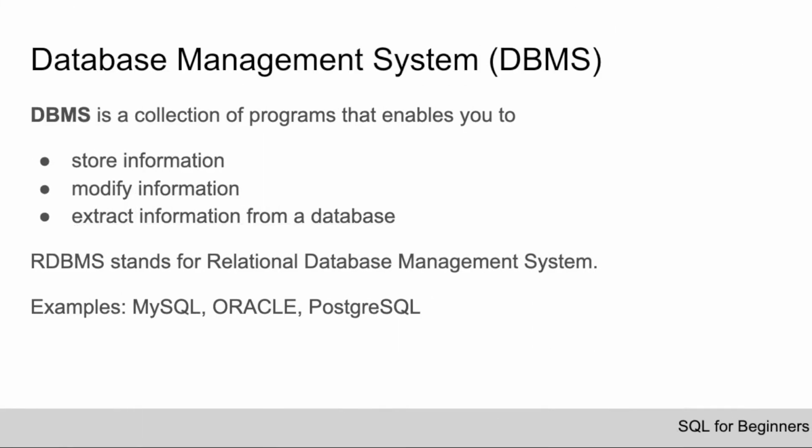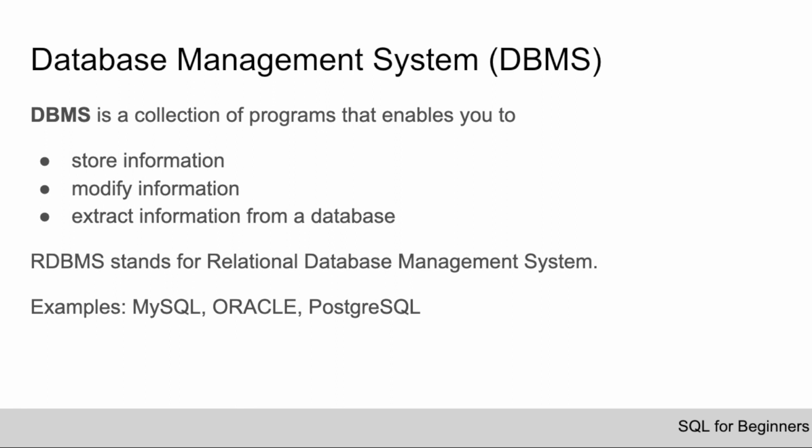So far we learned what a database is and what a relational database is. Now we need to know what a database management system is. Basically, this is a collection of programs that enables you to, first of all, store your information. You want to store your data in a certain database, and the database management system is a medium that will help you to store the information.